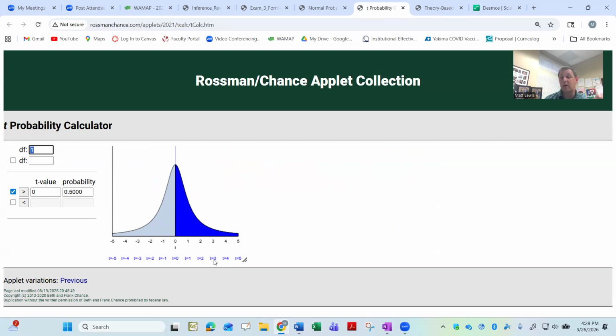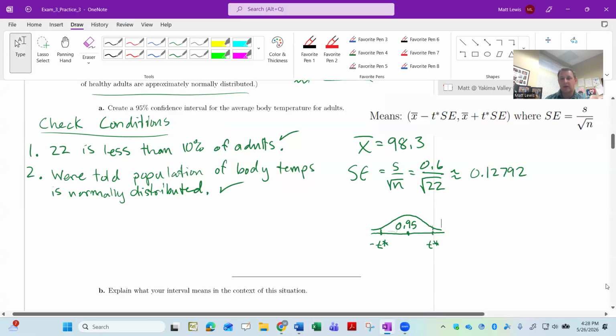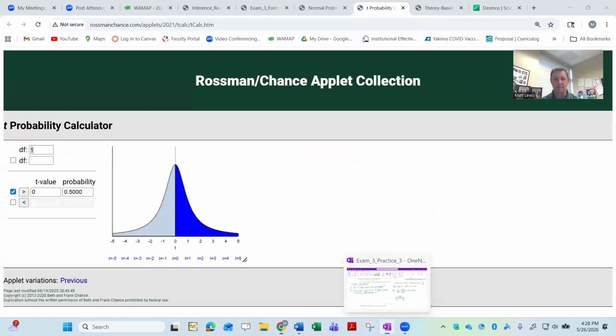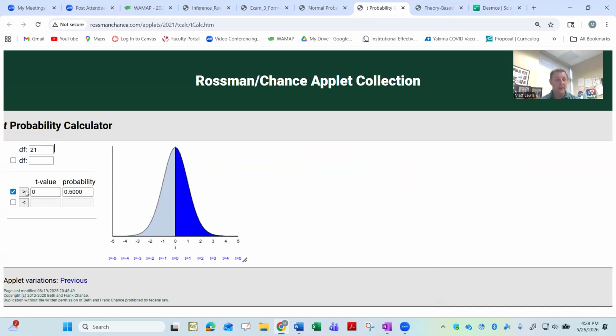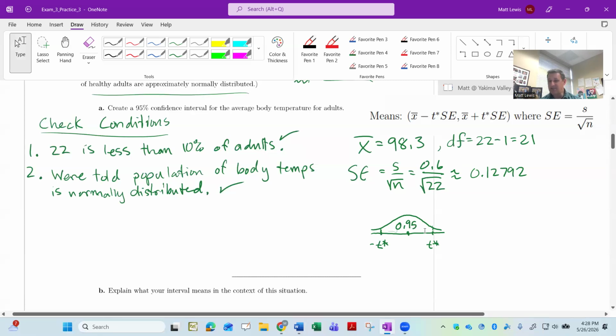So before we get too carried away with using this calculator, we come back here and we say, all right, I also need my degrees of freedom. And remember, that's one less than your sample size. So 21 is what I'm putting into that spot. Okay, and then since I need to shade one side or the other, knowing that 95% is in the middle isn't really helpful. What I really need to know is how much is out on these edges.